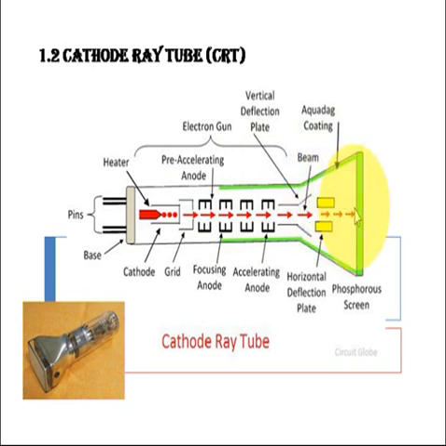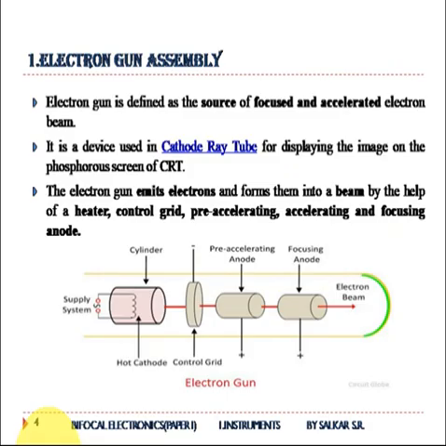Whichever electrons are coming back or reversing direction are collected on this Aquadag coating, and they come back to the focusing anode, participate in the excitation action, and again start moving in this direction. So the function of the Aquadag coating is to collect the secondary emitted electrons and pass them again into this process. That is why we use another coating made of aqueous graphite solution. So this is the fluorescent screen of the CRO.